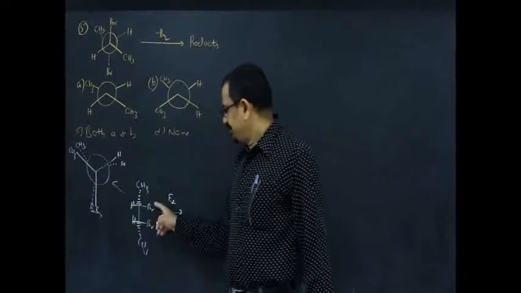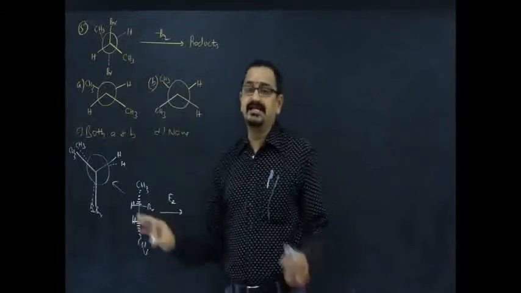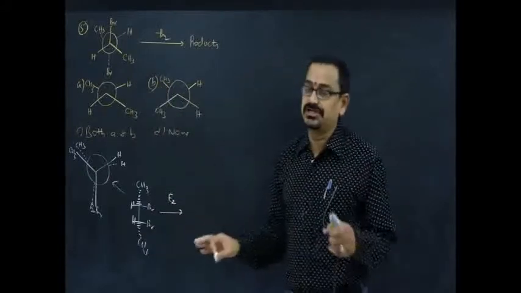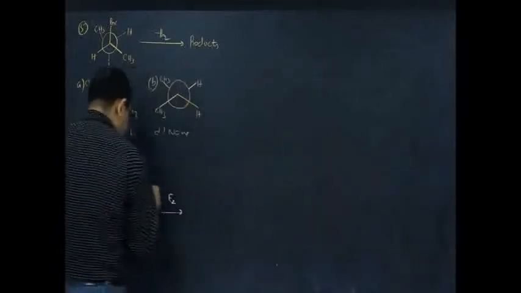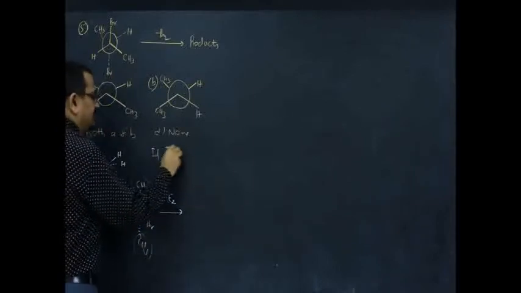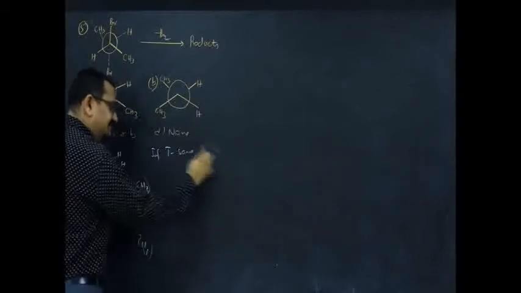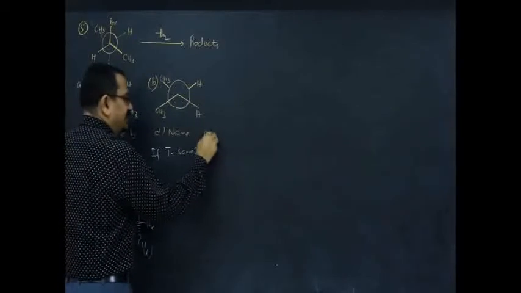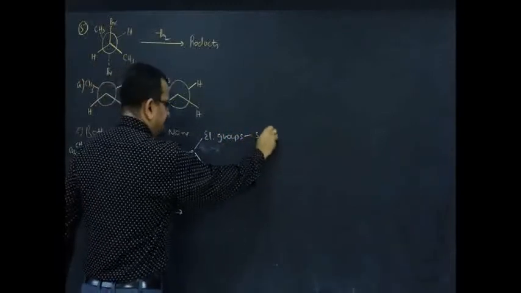In that way we can say that the given molecule is a meso compound. Once you get that meso or non-meso structure, then we can use a shortcut. If the terminals are same, and the eliminating groups are on the same side, it means meso.